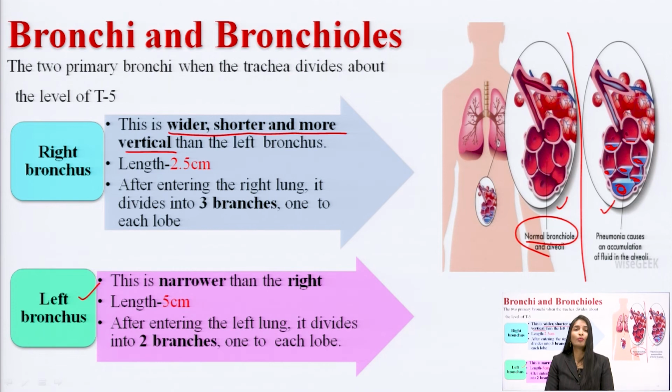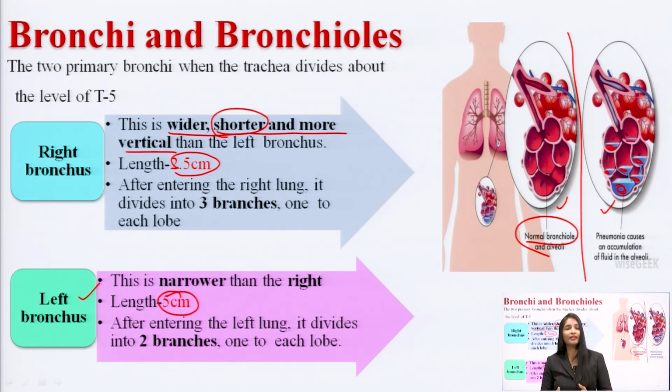And if I am talking about the length, compared to the right bronchus, the left bronchus is much longer, and this is why I said the right is short. The right bronchus is only 2.5 centimeters and the left bronchus is about 5 centimeters, so it is long compared to the right.